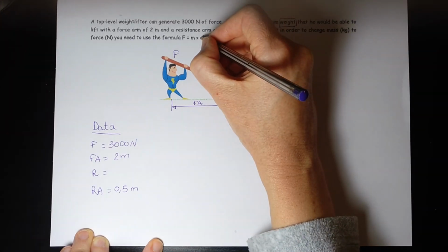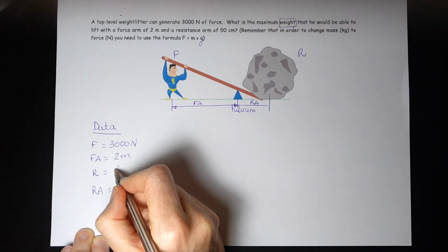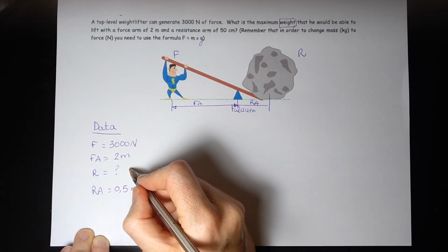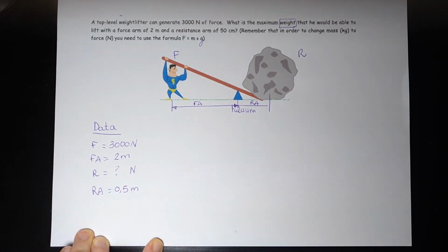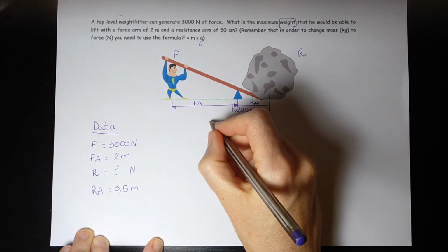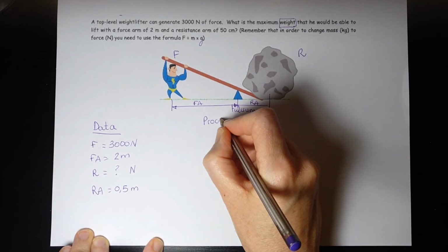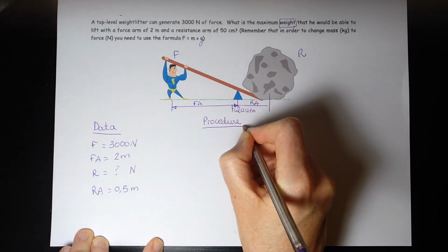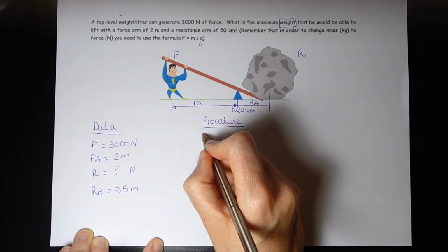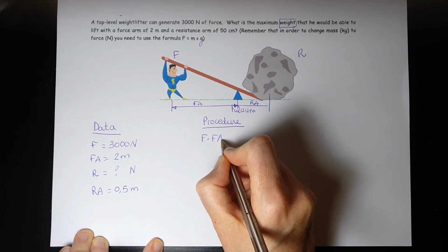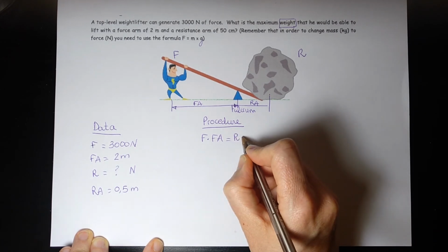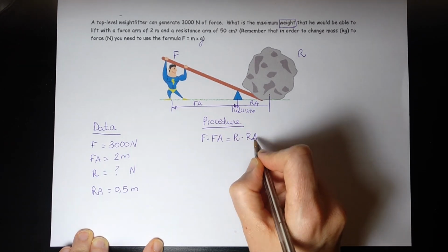Okay, we already know that. We are going to calculate firstly the resistance in newtons, and after we are going to convert it into mass. So the procedure will be the formula, the law of lever formula. Force times force arm equals resistance times resistance arm.